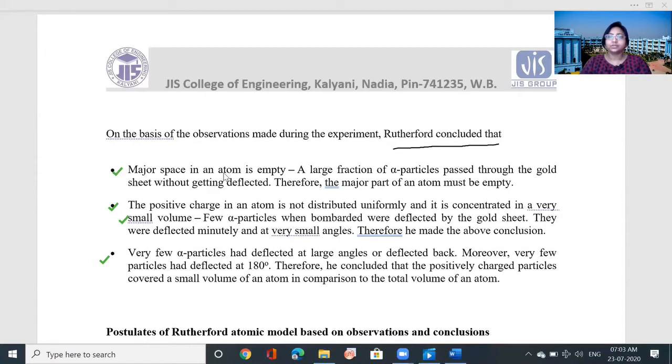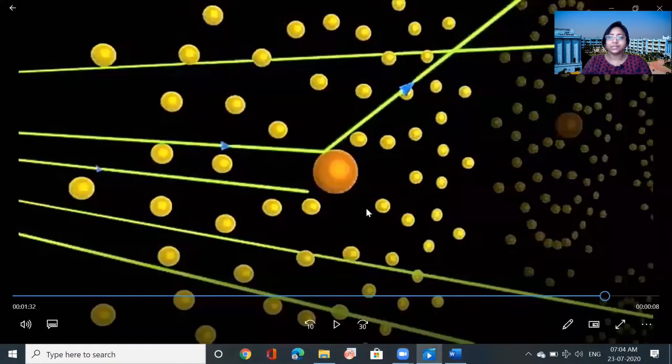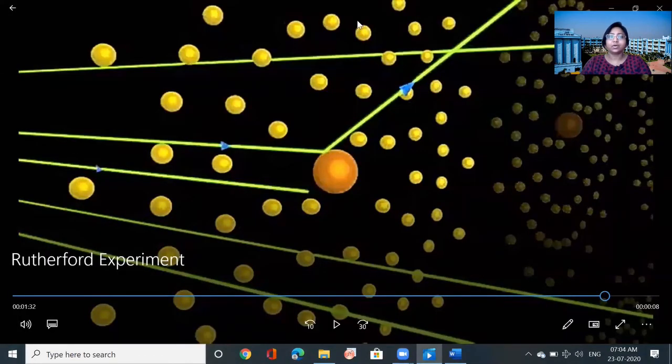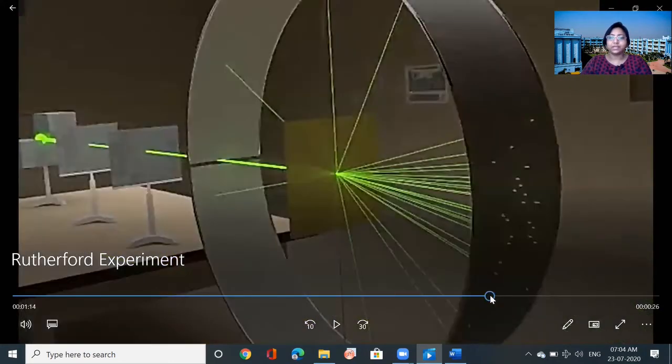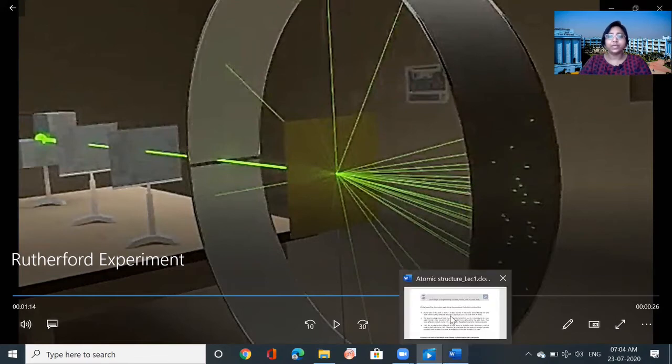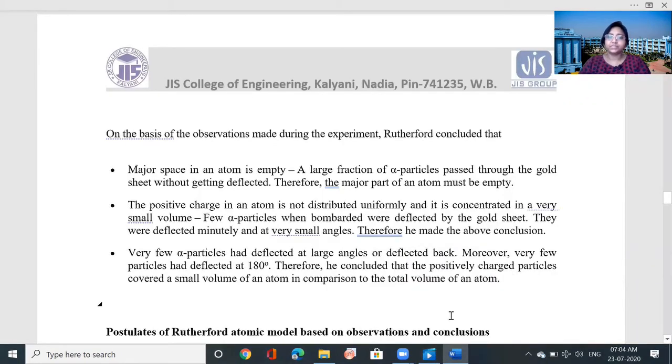If you want to see the structure, you can remember that all the beams, okay, here also you can see that very few are deflected and very few are deflected back at a 180 degree angle. So you understood what his observation was and how he concluded.